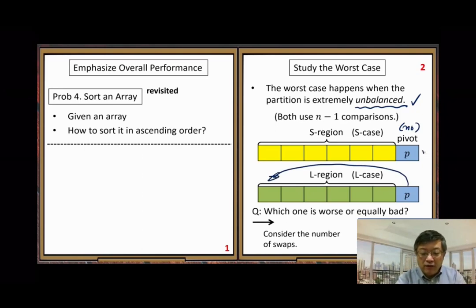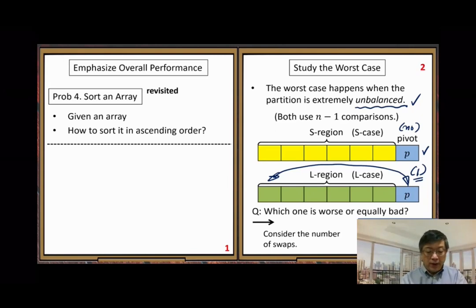Because the first one, the pivot element is already in place. You do not need to do anything. But the second one, you need to do one swap to put P in place. So that means one swap operation. That's the main difference. One difference in the swap operation.